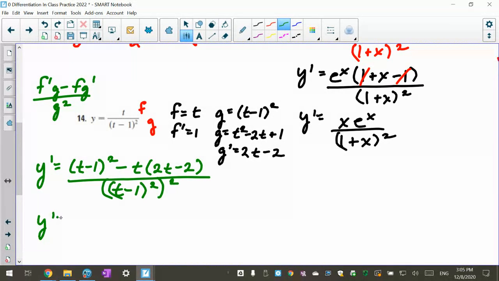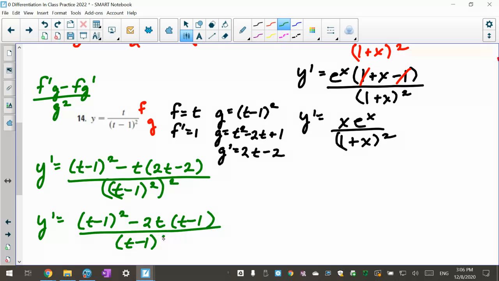So I have y prime equals t minus 1 squared. And then I'm going to actually take out of this one the 2. I want to show you this. Minus 2t times t minus 1. I'm going to show you why I did this in a minute. All over t minus 1 to the 4th.